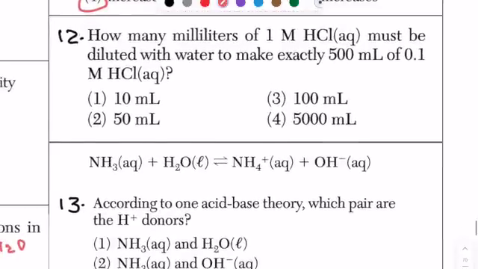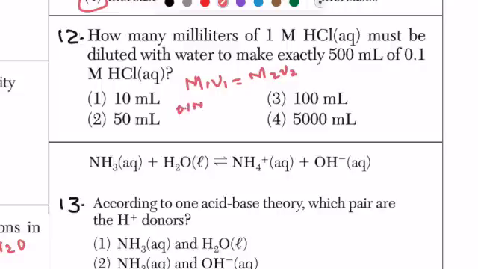So there's more movement. How many milliliters of 1 molar HCl must be diluted with water to make exactly 500 milliliters of 0.1 molar HCl? This is a molarity question, and also kind of a solutions question, but we are not just calculating the molarity of one thing. We have to use the equation that we used for titration, but instead of saying molarity of acid and molarity of base, we'll just say M1V1 equals M2V2.